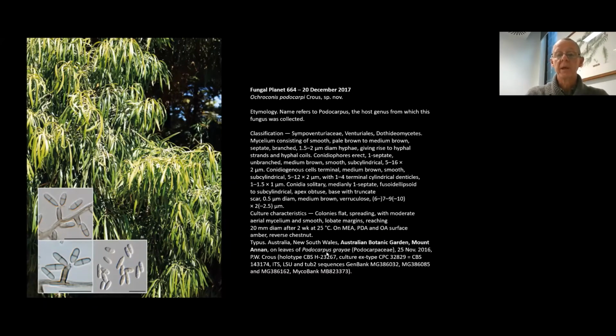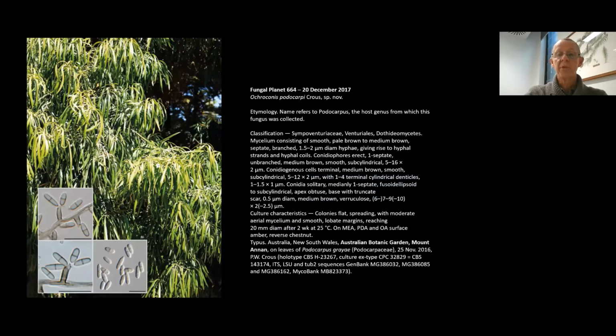In this particular case, on a Podocarpus from the Australian Botanic Garden, we were looking for leaf pathogens on it, and it was one of those species and was described as a new species to science.